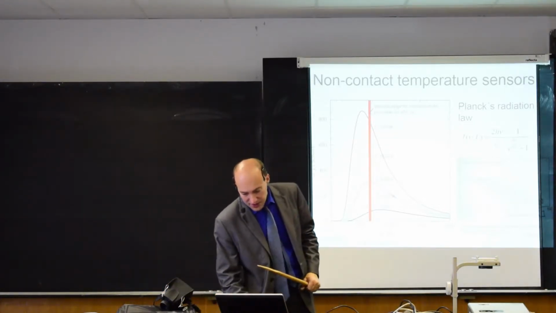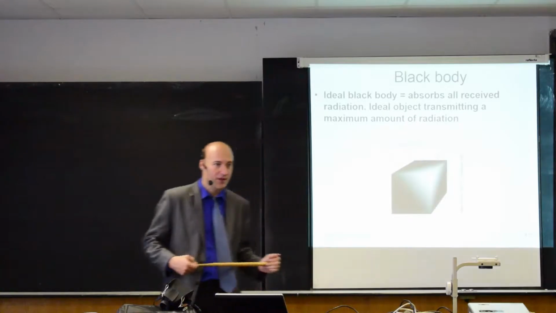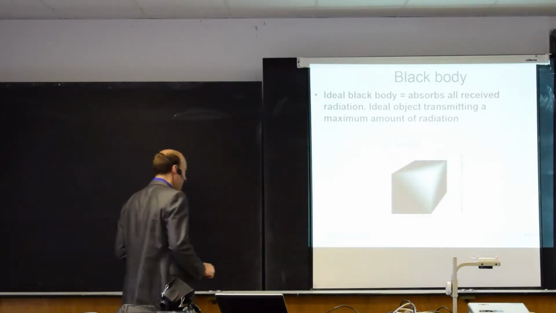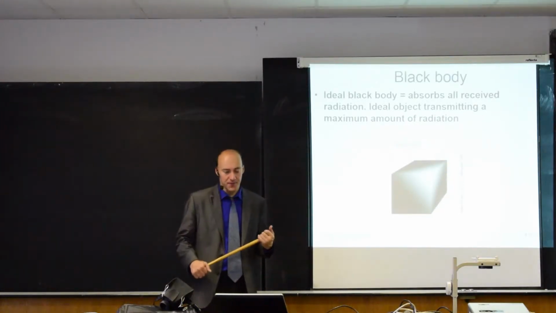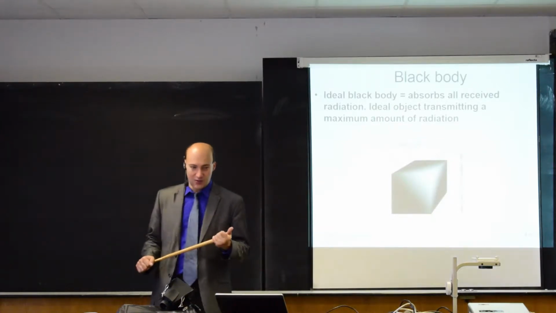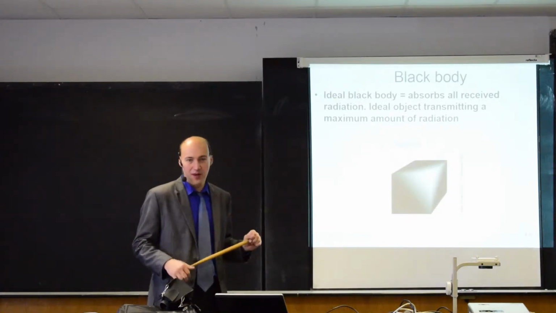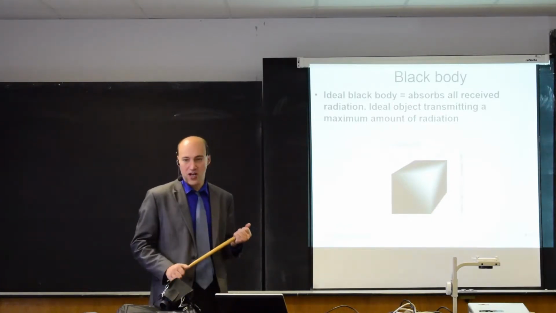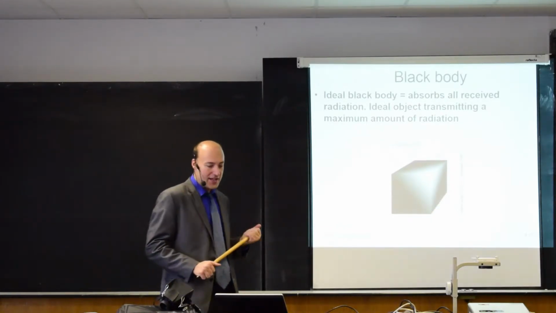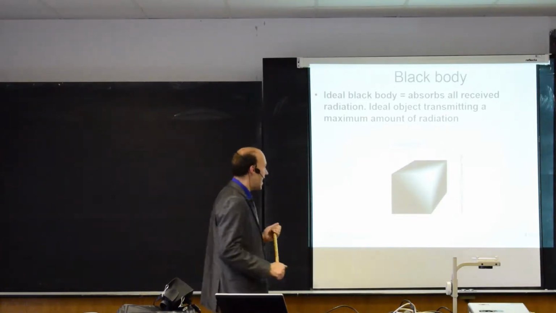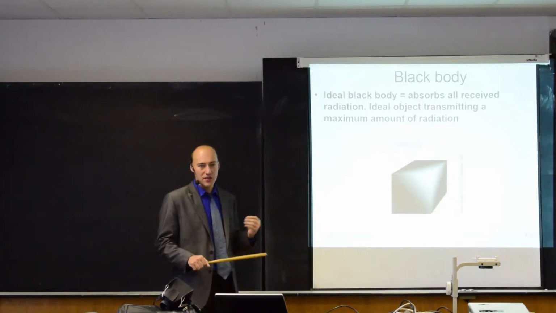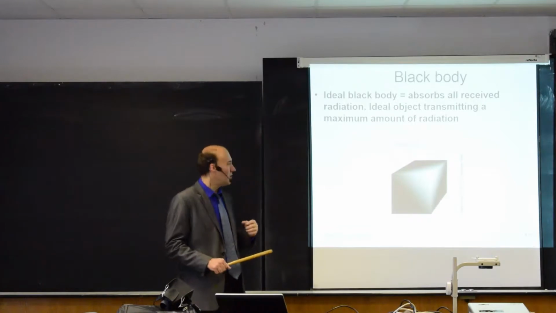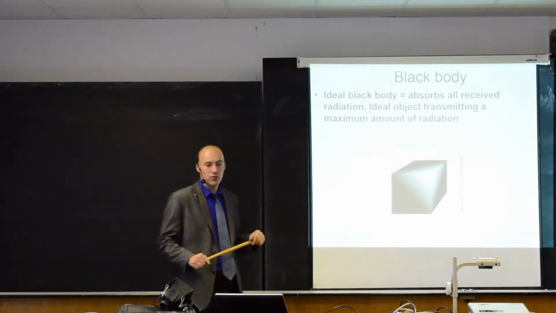We will need the definition from physics, and that's the definition of a black body. We will say that an ideal black body is an object that receives all the radiation, and it is also an ideal object that can transmit the maximum amount of radiation.